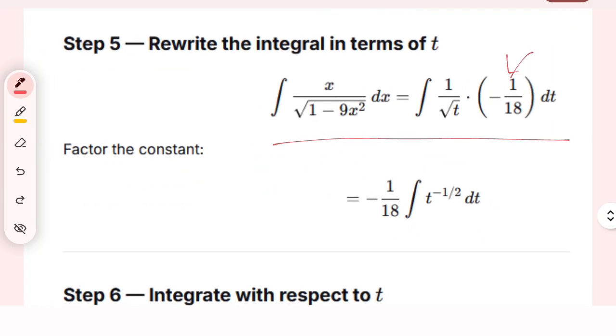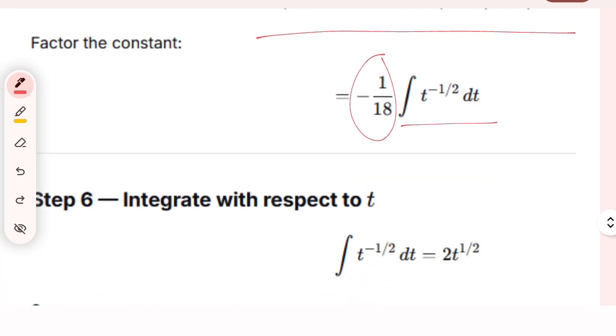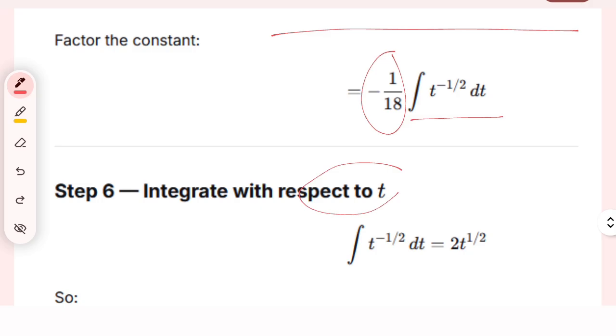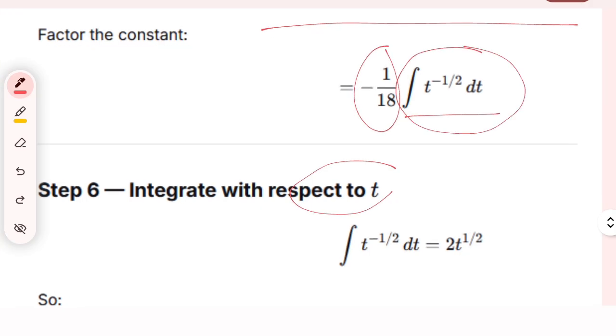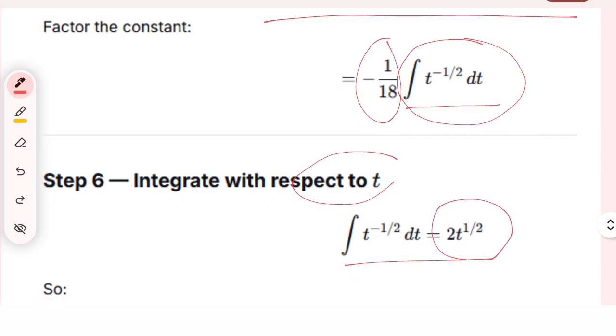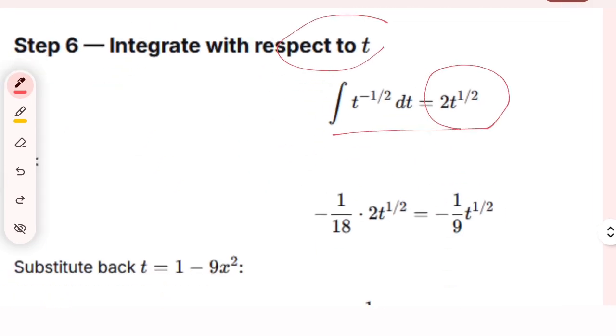Again, there's a constant there, 1 over 18, you factor it out. And you are left with the integral of t to the minus 1/2 dt. Then you need to integrate with respect to t. And the integral would be 2t to the power 1/2.